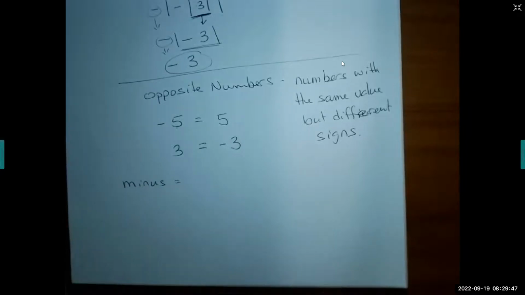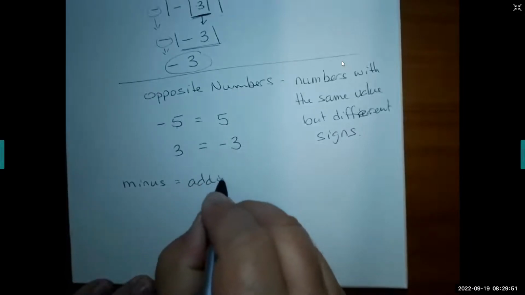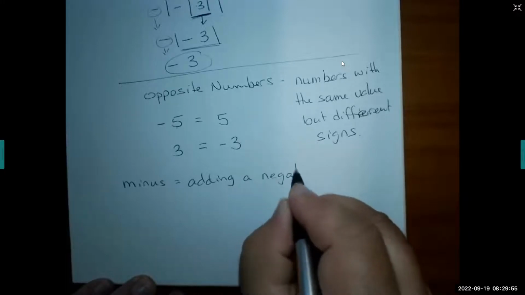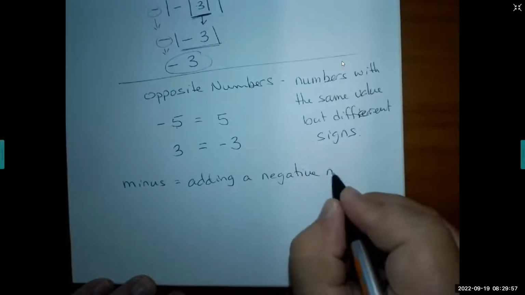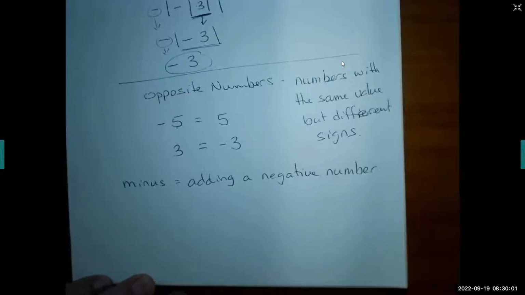The word minus really means adding a negative number. You see how this stuff connects now? Negative numbers simply mean you go to the left. Positive numbers mean you go to the right.